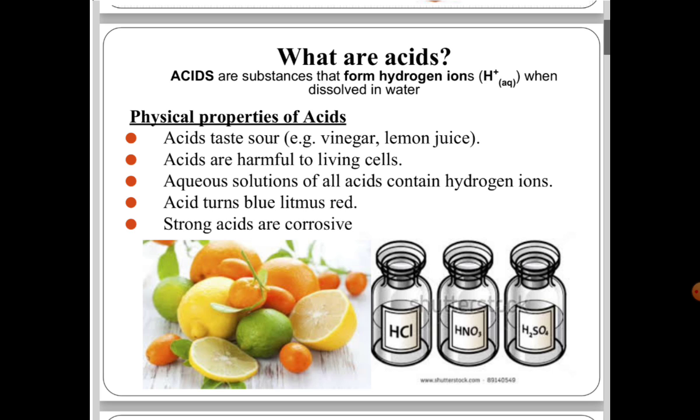We all know about litmus paper: blue litmus, red litmus, purple litmus. There are so many types of litmus. If we keep blue litmus inside the acid, it will turn to red.